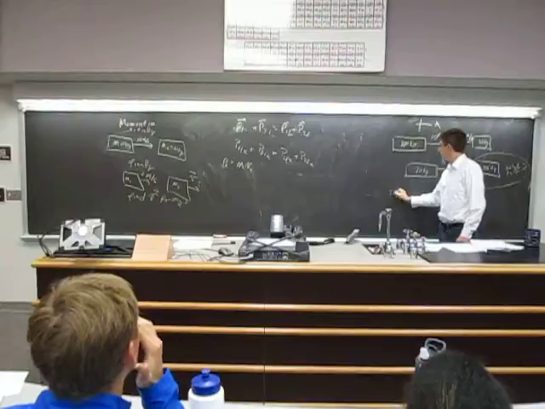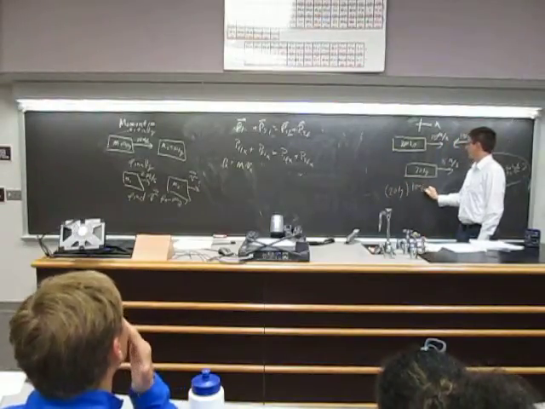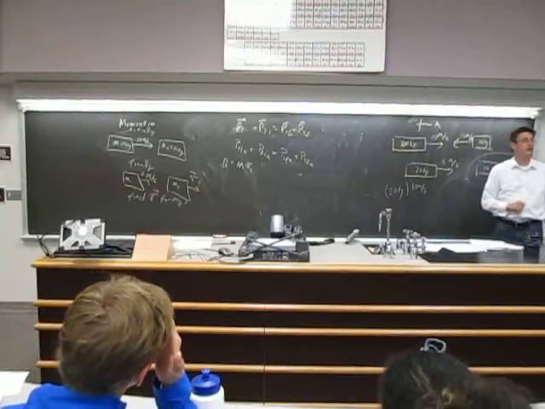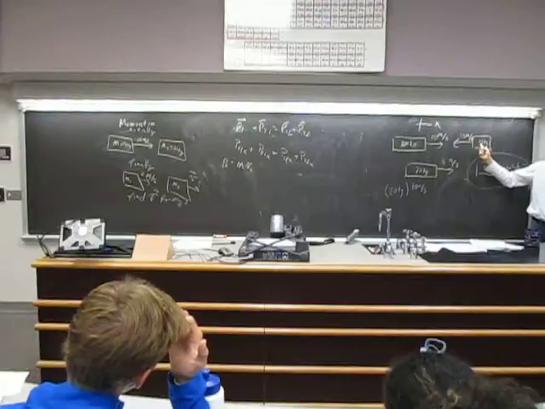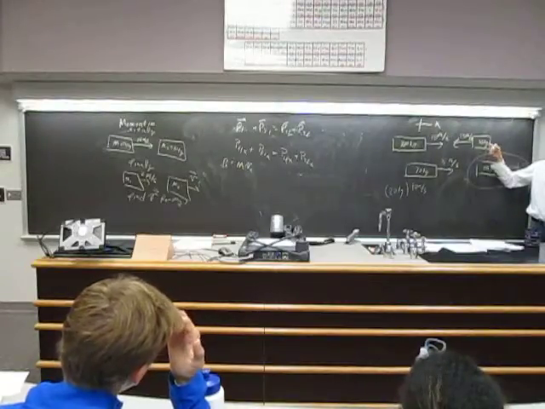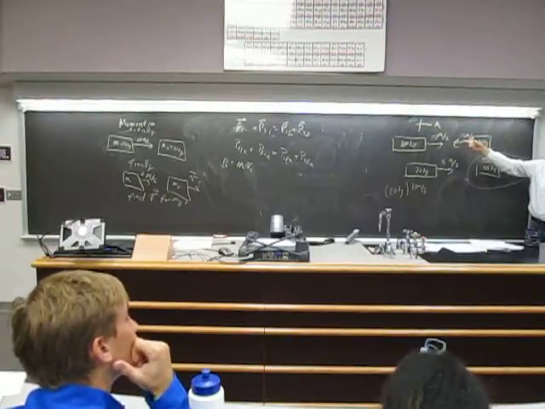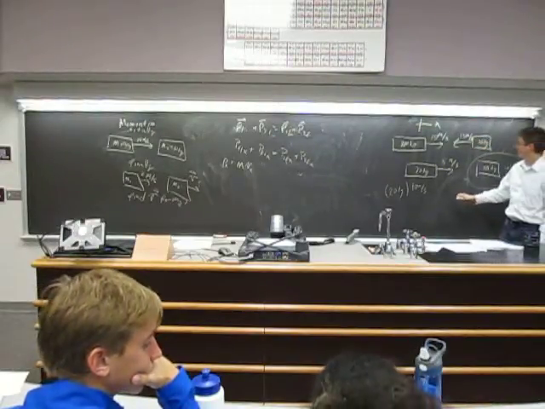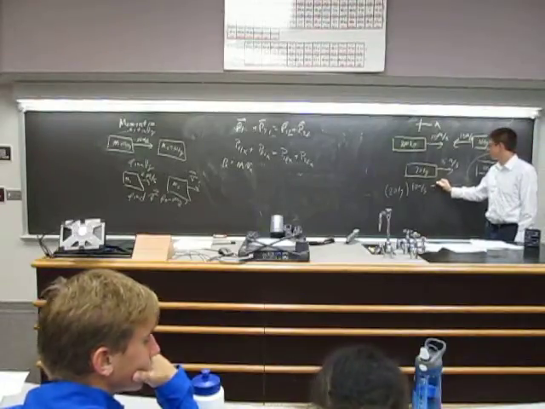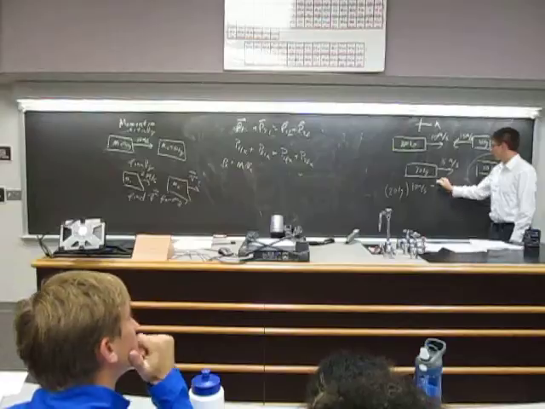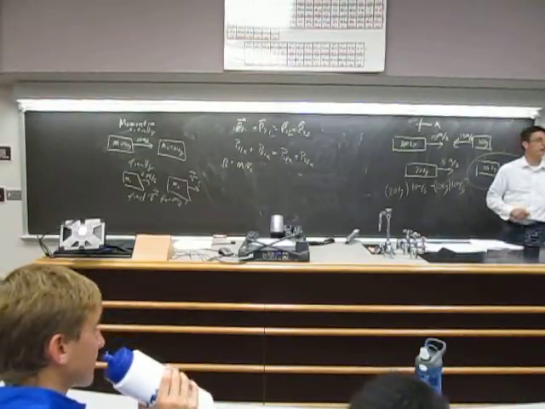Initially, I would have 20 kilograms times 10 meters per second in the positive x direction. And then what would this be? It's moving 10 meters per second that way, right? Oh, so it'd be negative 10 meters per second in the x direction. So minus 10 kilograms times 10 meters per second is the initial momentum.